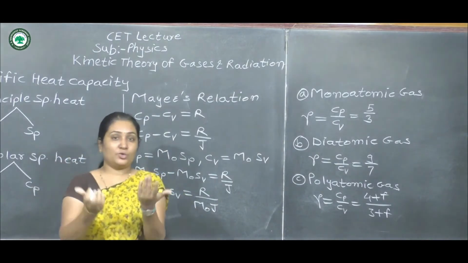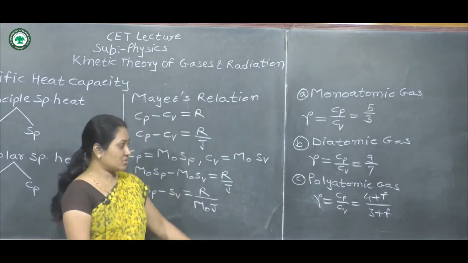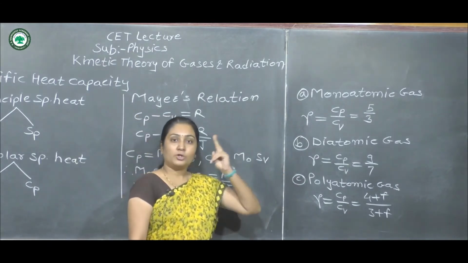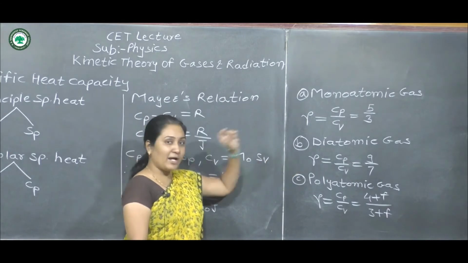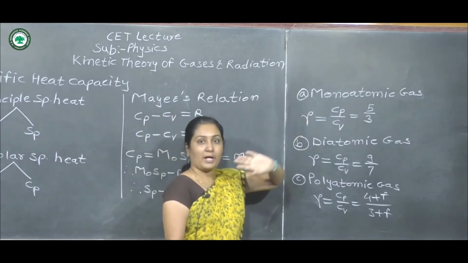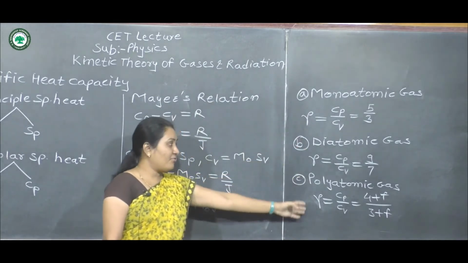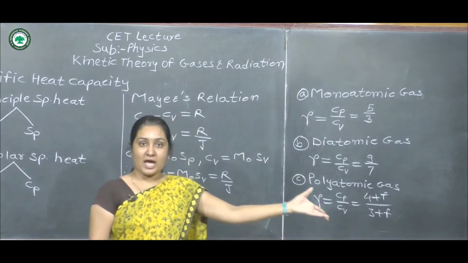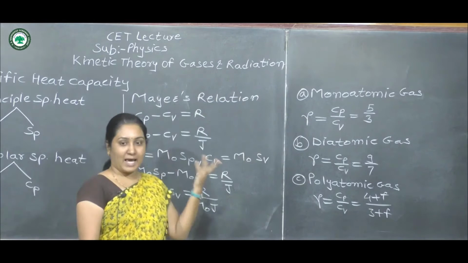More than 2 atoms in a gas is called polyatomic, 2 atoms is called diatomic, and only 1 atom is called monoatomic. And these are the different adiabatic ratios which can be found for these gases.